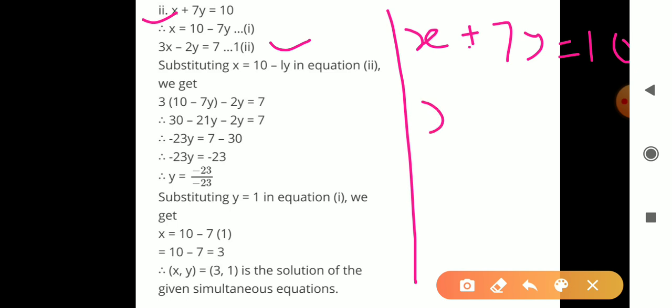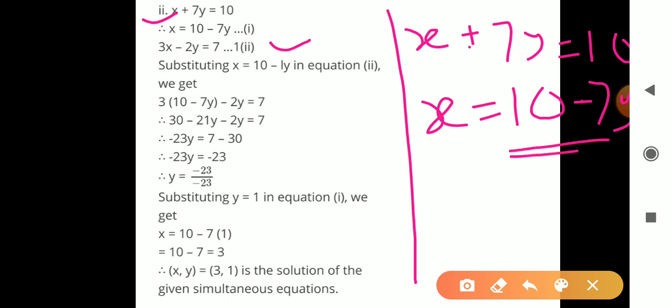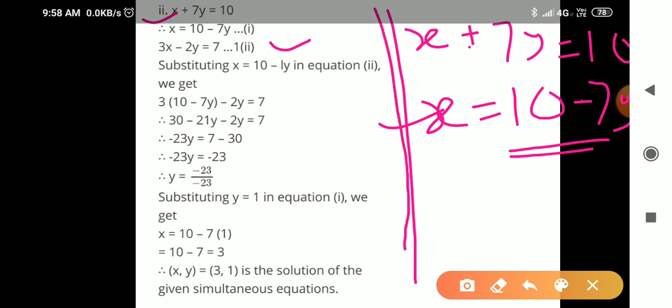So x is equal to this 10 as it is, and this plus 7y becomes minus 7y to the right side. So the value of x becomes 10 minus 7y, and we can use this value to solve the equation. Okay, so this is an alternative method. We can solve by any method.